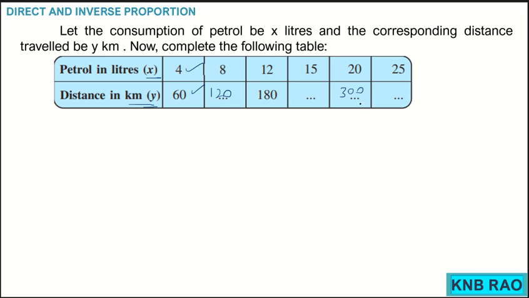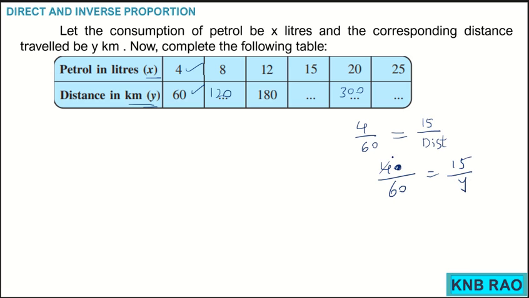Children, now we need to find the distance for 15 liters. How shall we do that? It can be done by equating 4 out of 60 to 15 out of the distance travelled. Let the distance travelled be the variable y, so 4 out of 60 equals 15 upon y.